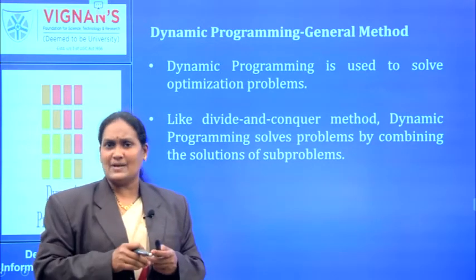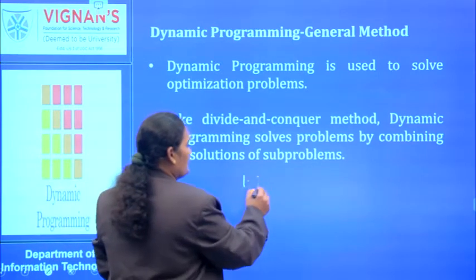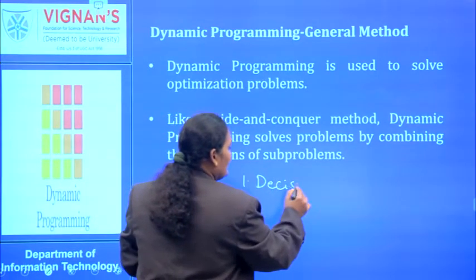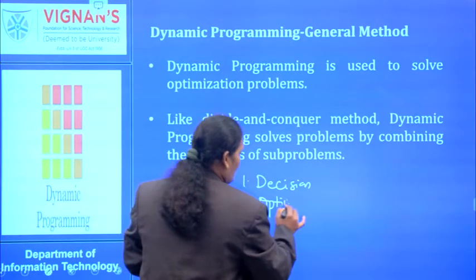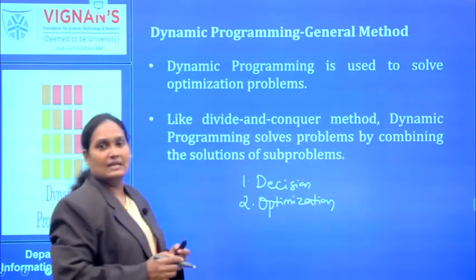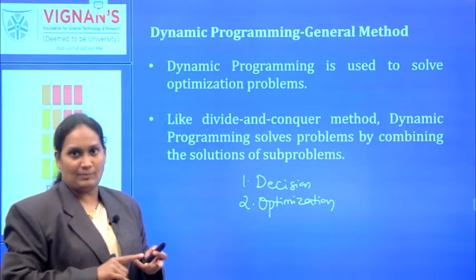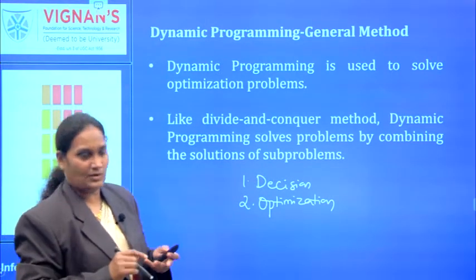What are the various types of problems that we have? We have mainly 2 types of problems: decision problems and optimization problems. What are decision problems and what are optimization problems?